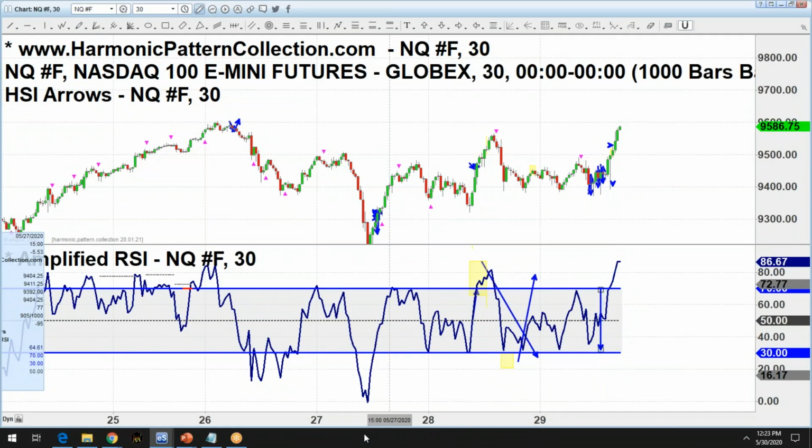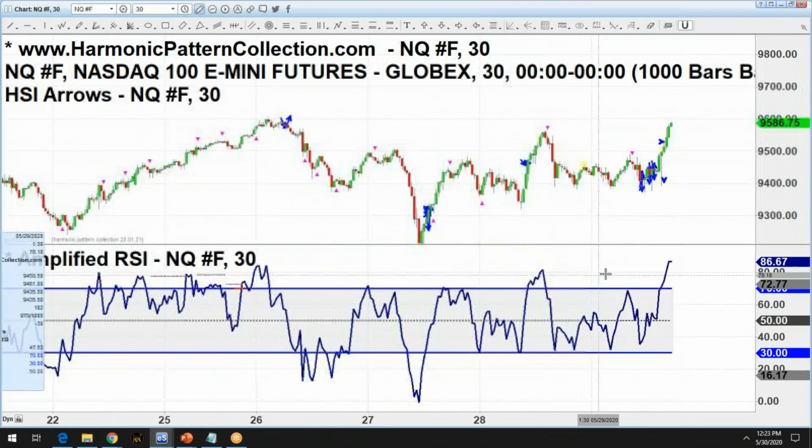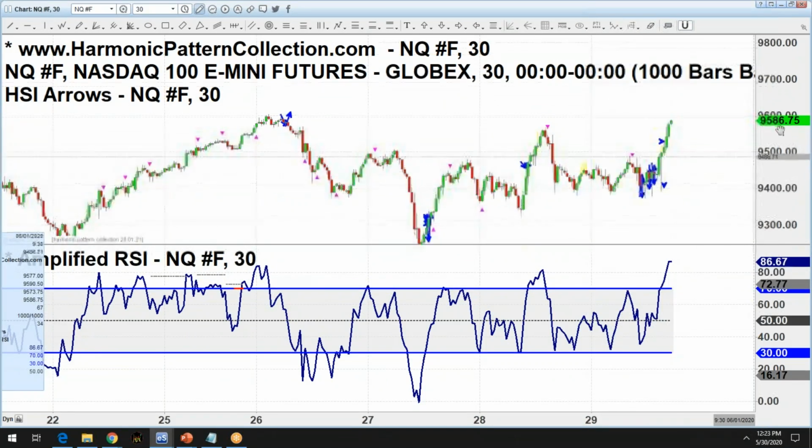Now, we had a major move up into late Friday, and one of the things I wanted to mention is, how do we know that this is even going to be a complex structure? One of the signs, especially with Amplified, is if we get above the 80 level. Once we get above that 80 level, a lot of times we're going to see this thing roll over and take its time, much like it did back here on the 26th.